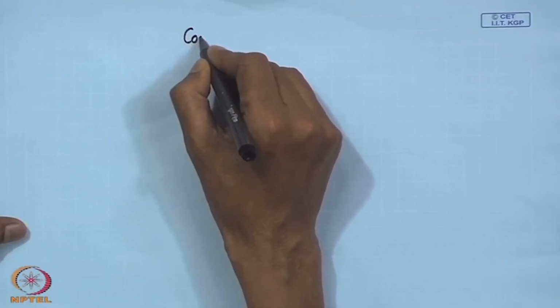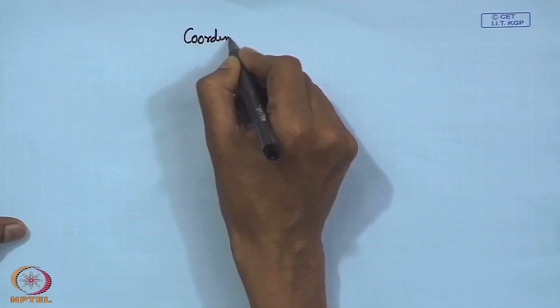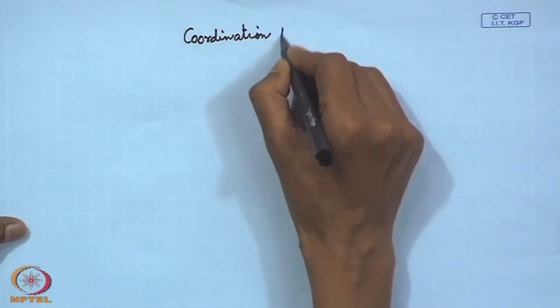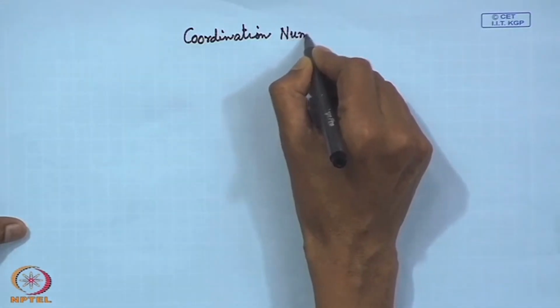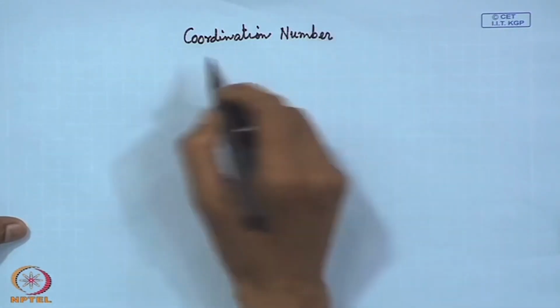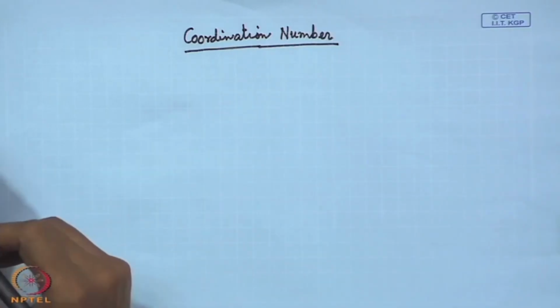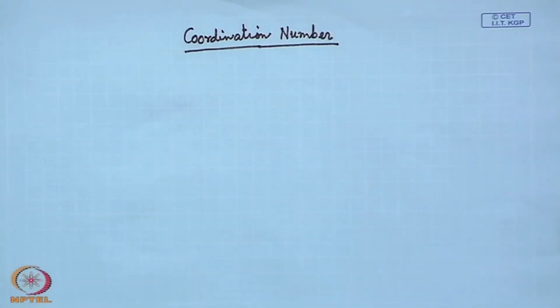Good evening to everybody. So today we'll see how we can define the coordination number of any metal complex, which is a more general term related to some other species as well.